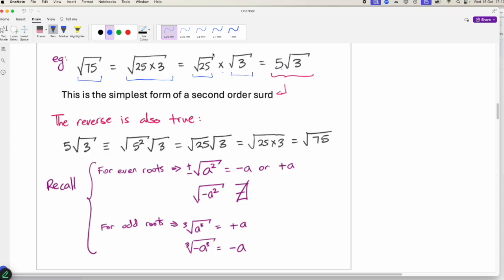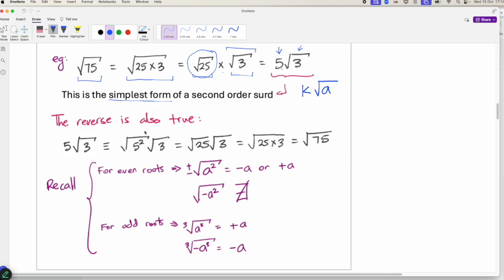The part that could be reduced to a rational number, we reduce. The part that cannot be reduced, we leave as a surd. So this is the simplest form of a second order surd, when you have a constant and the surd with it.